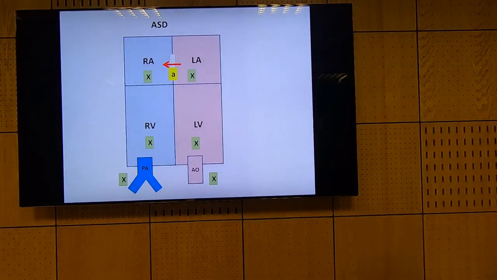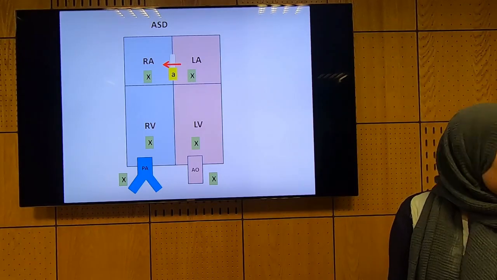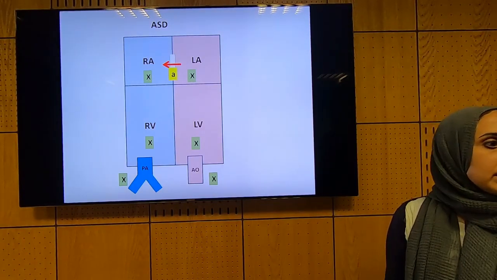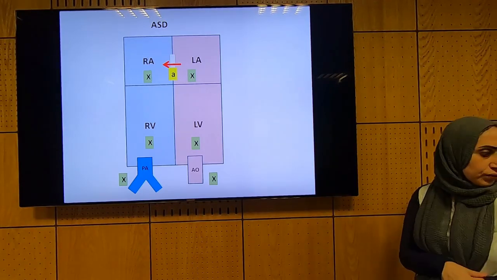This is exactly what Hatem said, but we played around it by color. I will explain the ASD, but I will leave the VSD and PDA in the slides just to follow up.